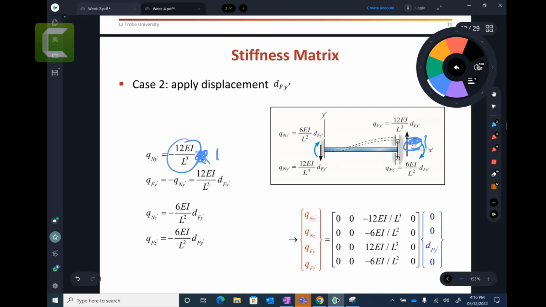That is the force that you require to create this 1 unit displacement. So if I have a reaction force going in the opposite direction, it is 12 EI on L cubed.